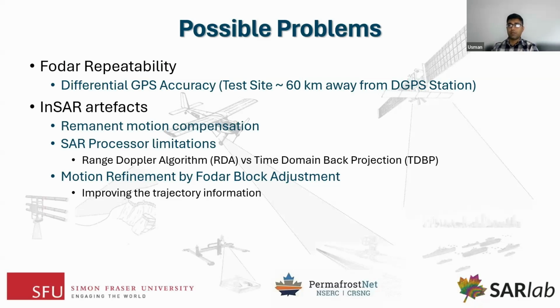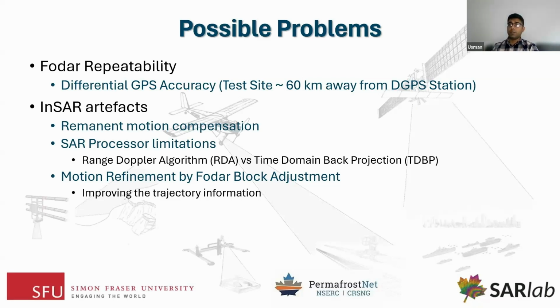processing accuracy loss. And for the InSAR artifacts, we were looking at the range Doppler processing outputs, which is a frequency domain algorithm that uses a mean track to process the data and compensates the motion to that mean track, in the frequency domain. It's not super accurate in terms of incorporating the motion of the platform.